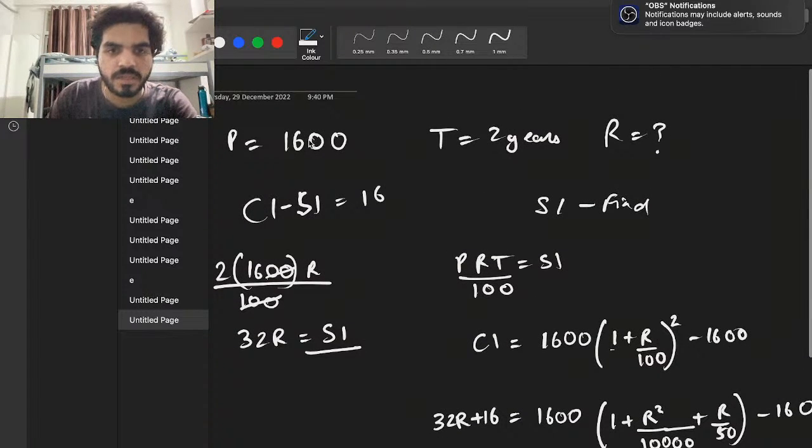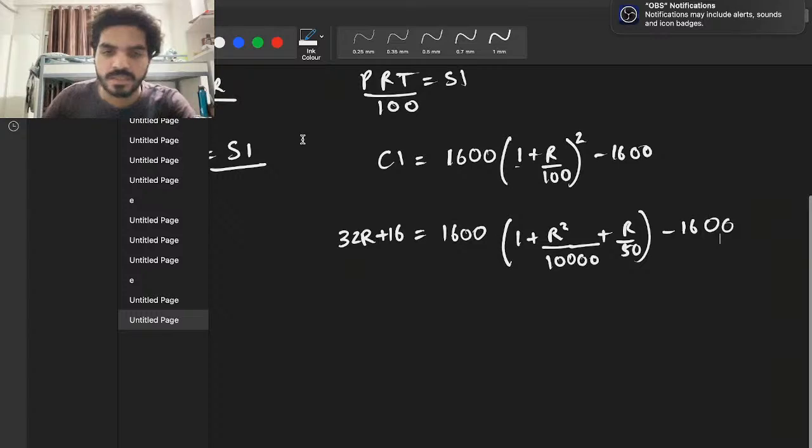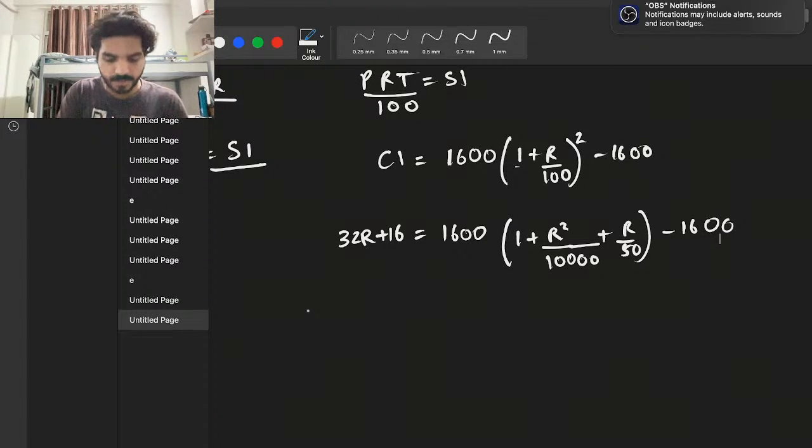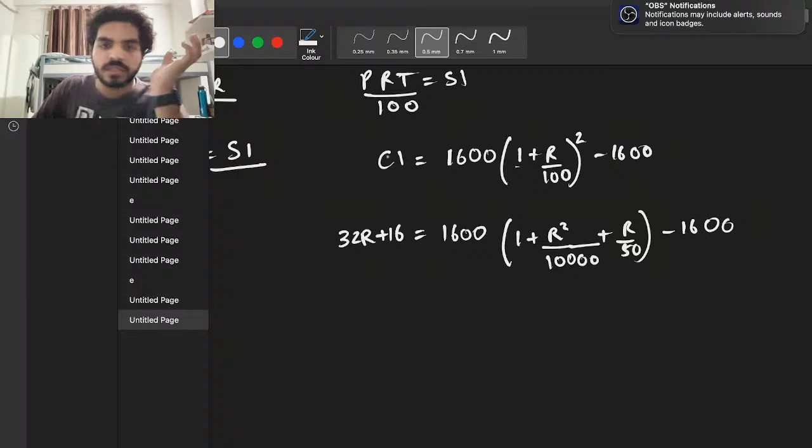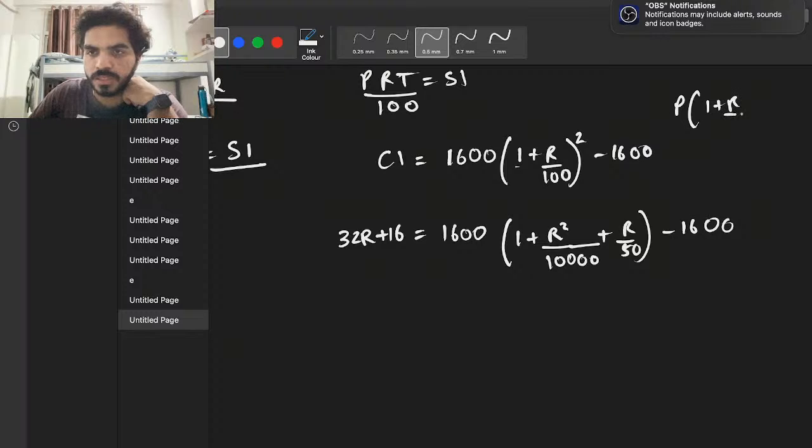After solving, we'll get some answer, but let's go with unitary ones. Solve with me, hold on a minute. Minus 1600, because this formula, P into 1 plus R upon 100 to the power n, gives the amount and not the interest.